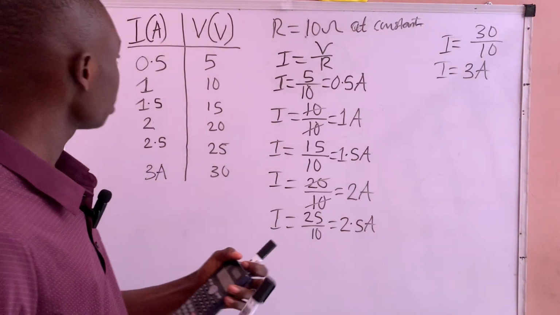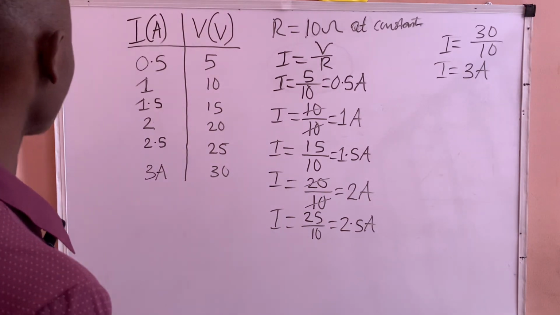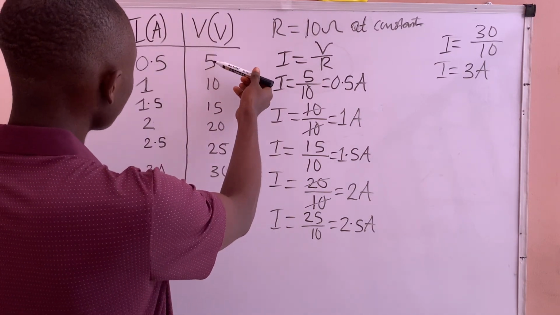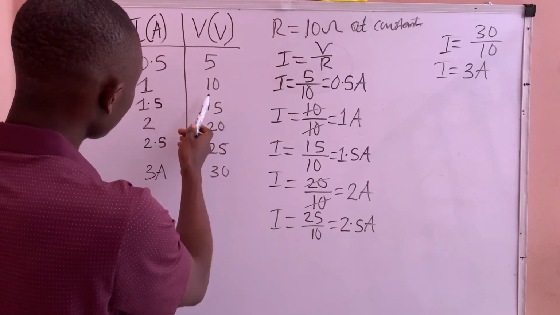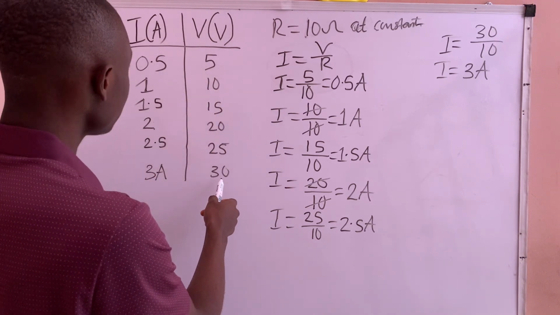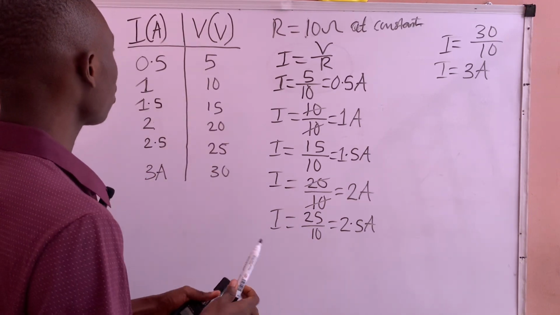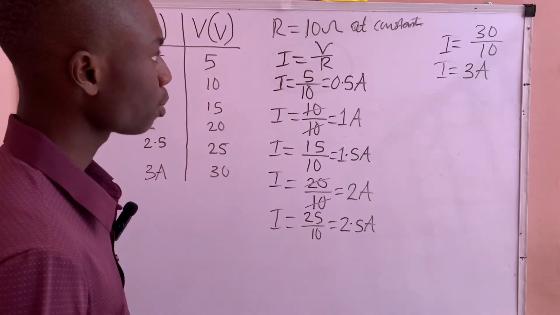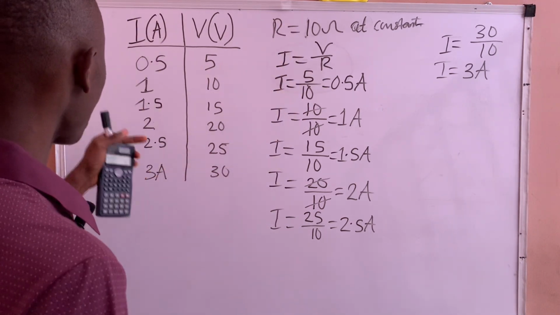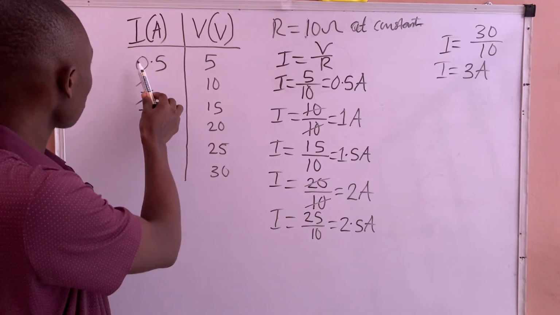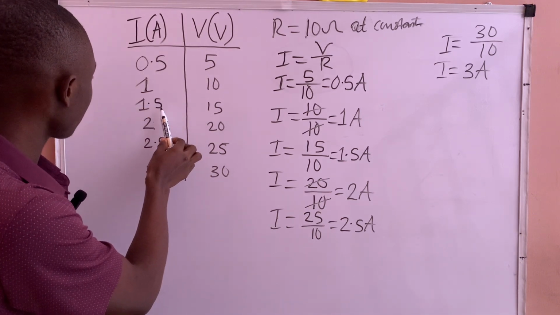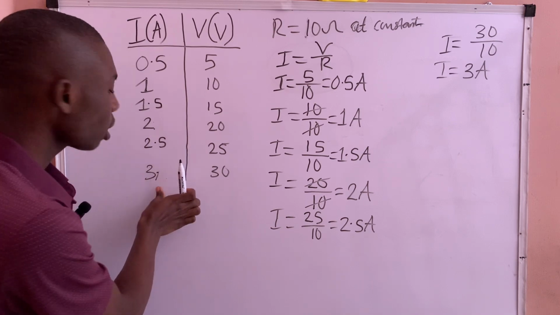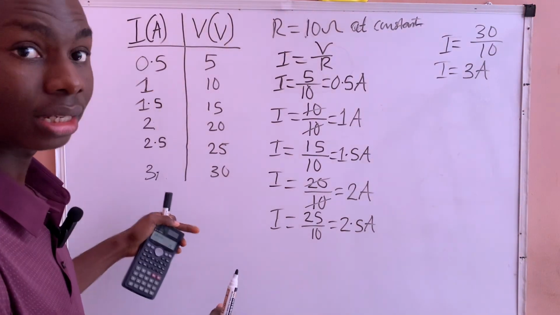So what do you observe here? Are you seeing that when voltage was increasing 5, 10, 15, 20, 25, 30, when we vary the value of voltage, with resistance kept constant, current is 0.5, 1, 1.5, 2, 2.5, 3? Are you seeing that current as well is increasing?